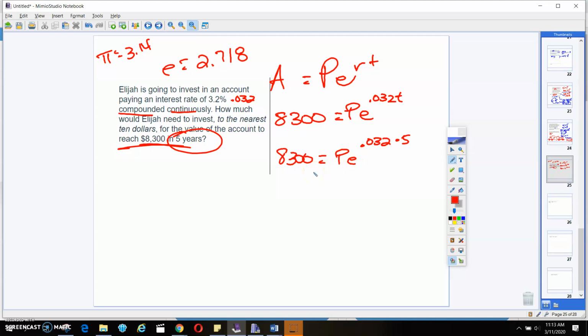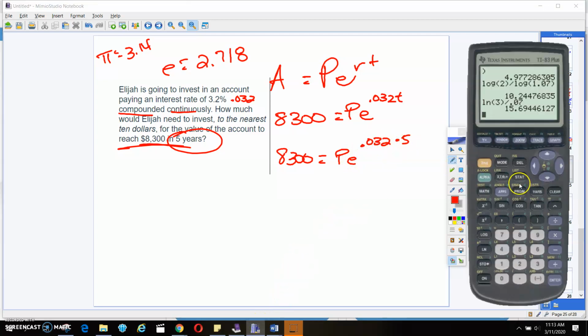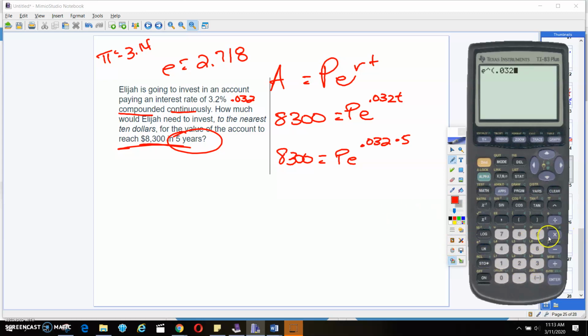Okay. Now we're going to use logs in order to help us solve for P. So, first thing we want to do, actually, we don't necessarily have to. We can actually just evaluate this. So, if I go into my calculator and I type e to the 0.032 times 5 into my calculator, this is what it's going to look like. It's going to give me this number, 1.17.